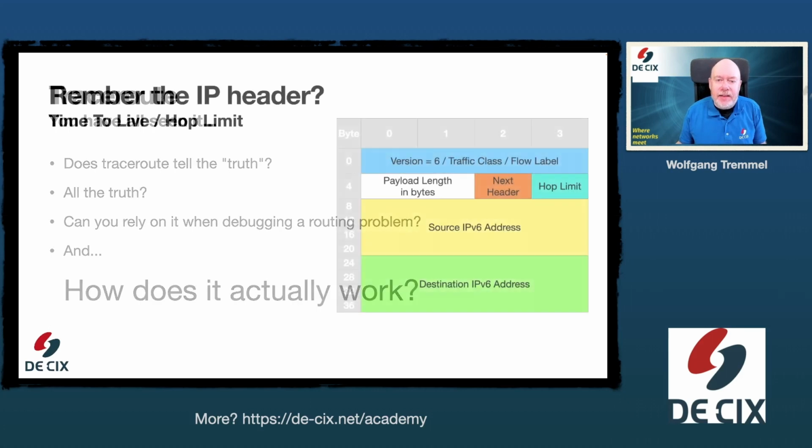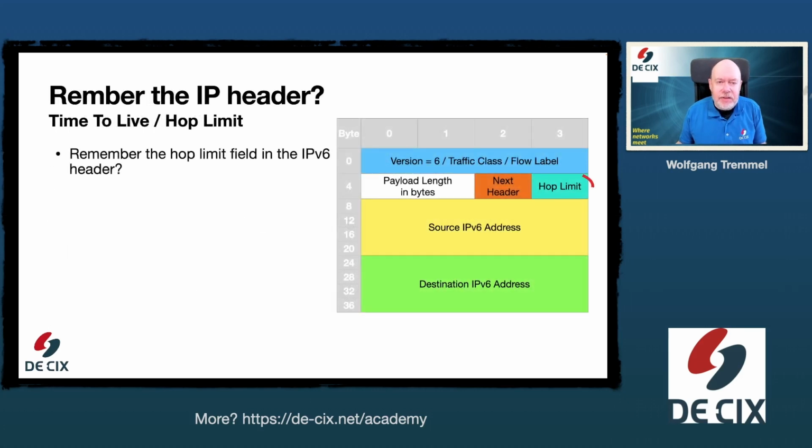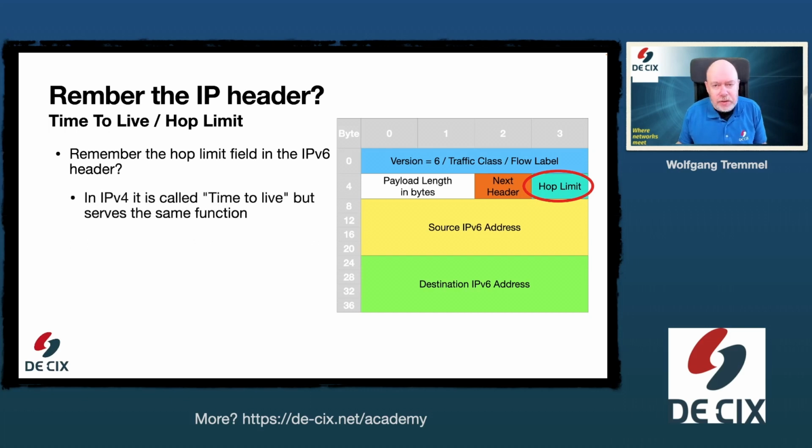Let's have a look at IP headers, or the header of IP packets. In this case, I just give an example using IP version 6, but it's quite the same for IP version 4. In the IP header of IP version 6, there is a hop limit field. In IPv4, it is called time to live, and it serves the same purpose.